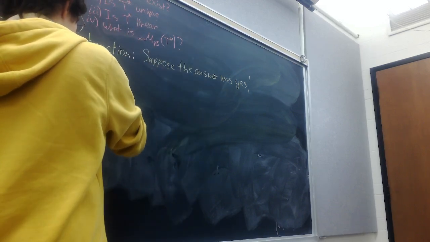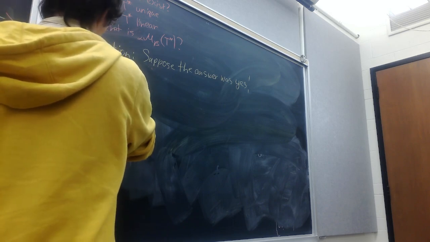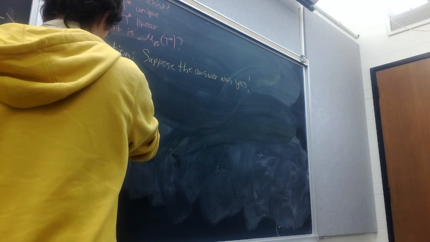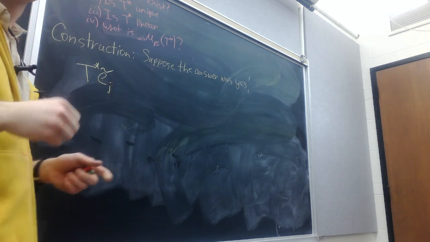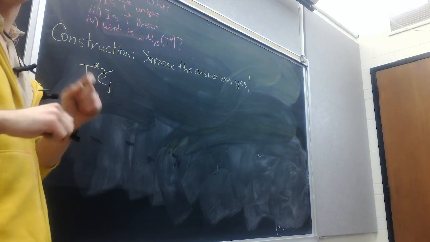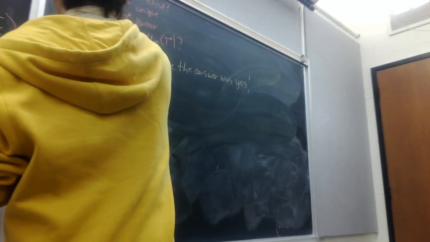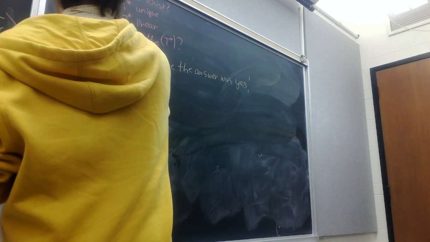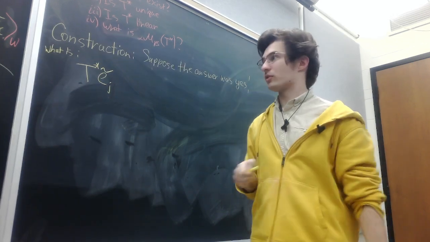What would T star applied to E J tilde be? What would this be? Apply the previous theorem that we just had.